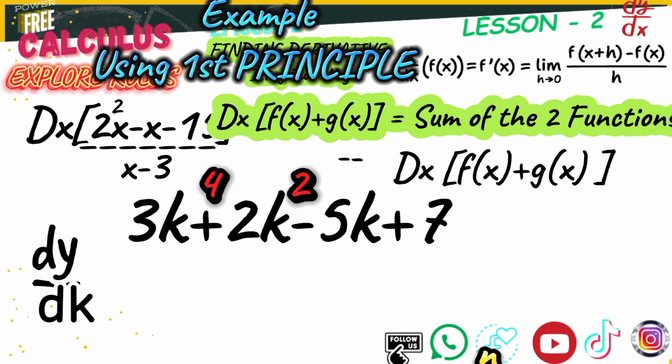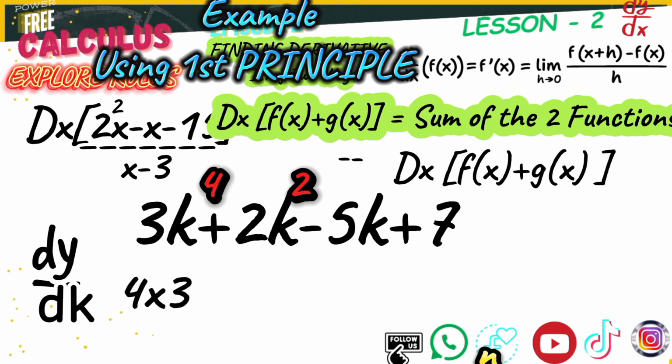So we are going to apply the simple rules that I told you. So from this first one, we are going to apply the rule that we have a constant and our n here. So we are going to say multiply by 3, and then we have our k to the power 4 minus 1.